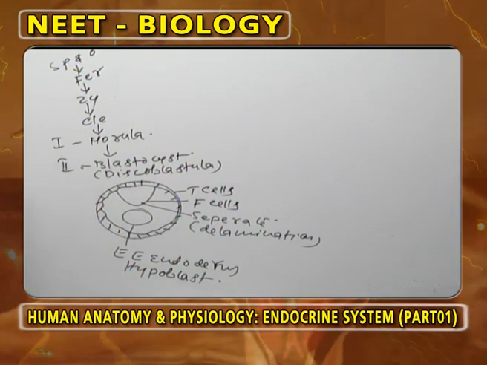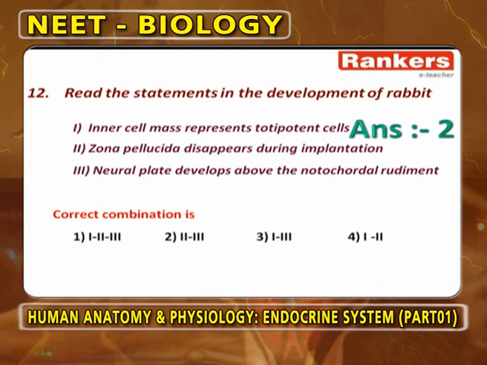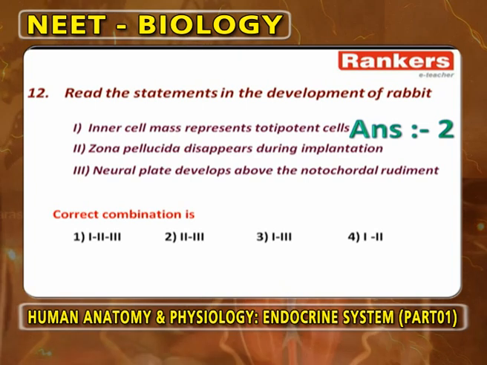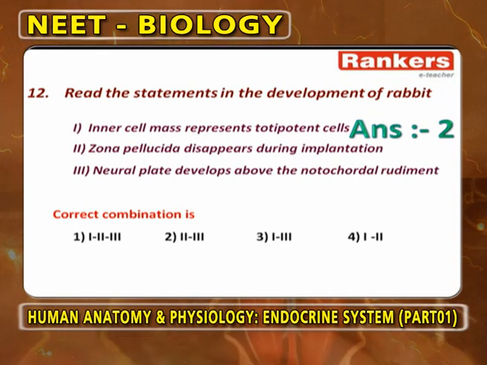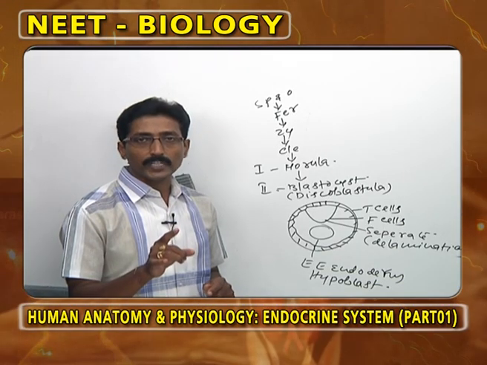Now we go for the next question. Read the statements in the development of rabbit. Now here, what is the first statement? Inner cell mass represents totipotent cells. That is wrong, because in the animals, what type of cell having the totipotency?